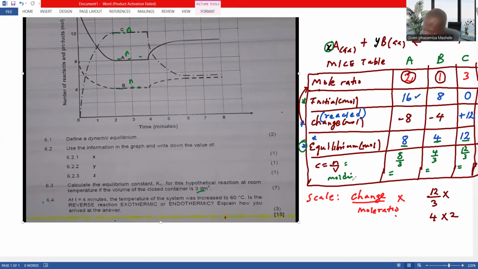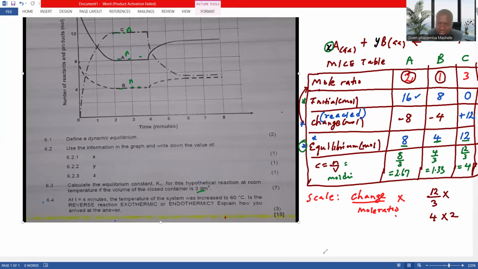So 8 over 3 is 2.67 moles per decimeter cubed. Then 4 over 3 is 1.33. Then 12 over 3 is 4. These are the concentrations.